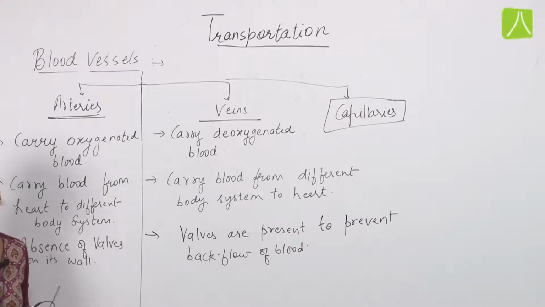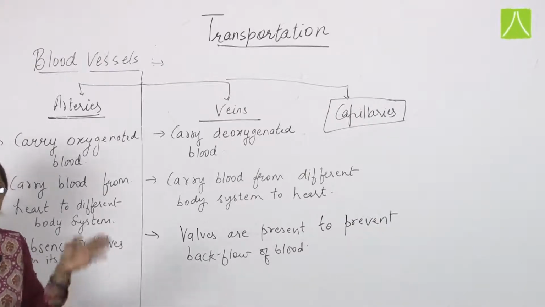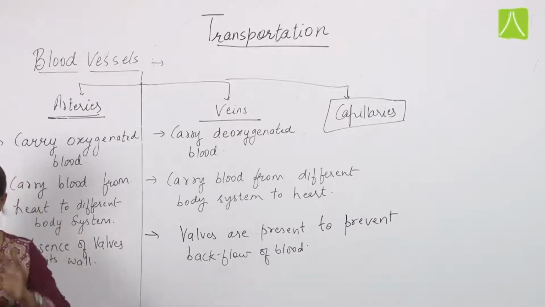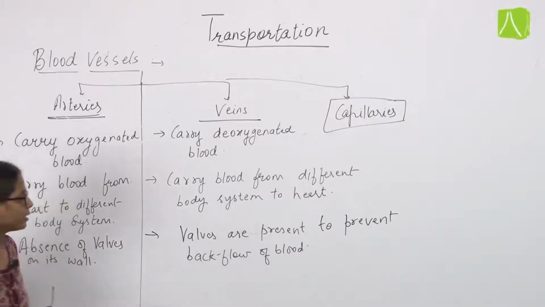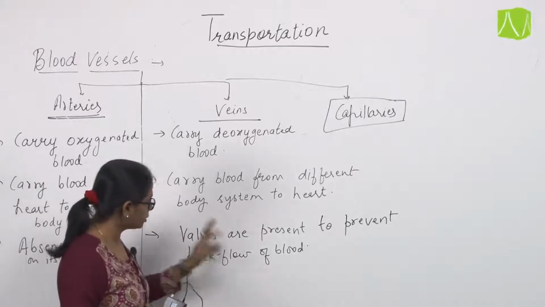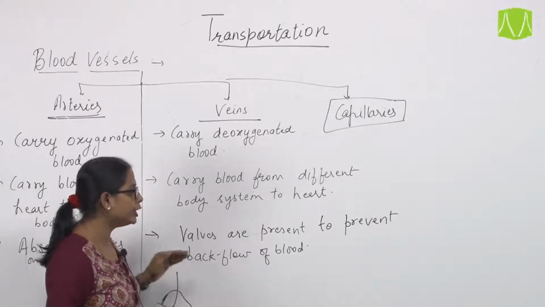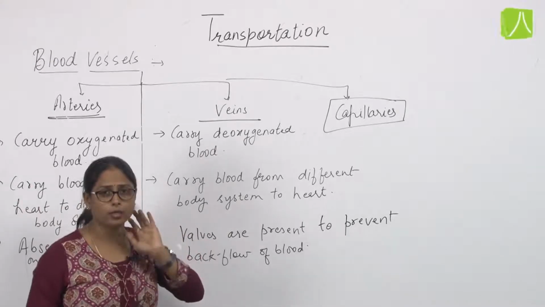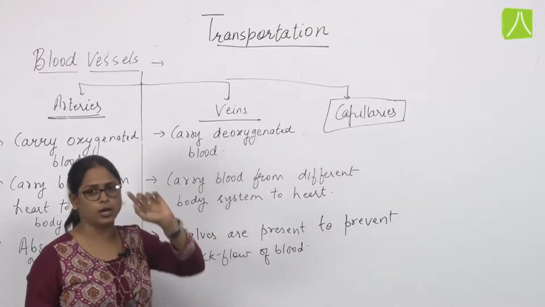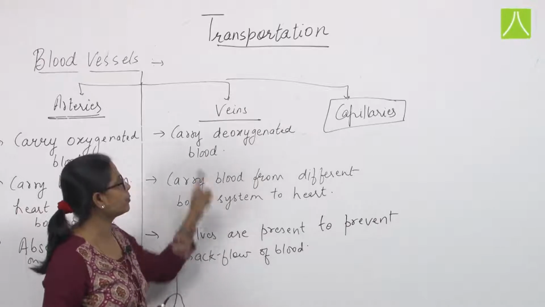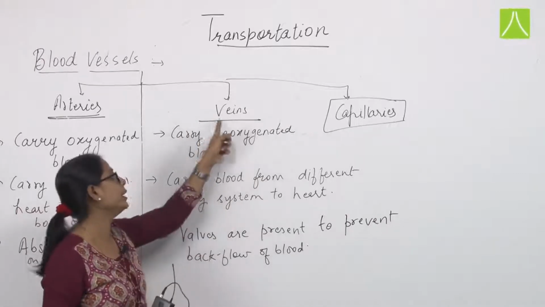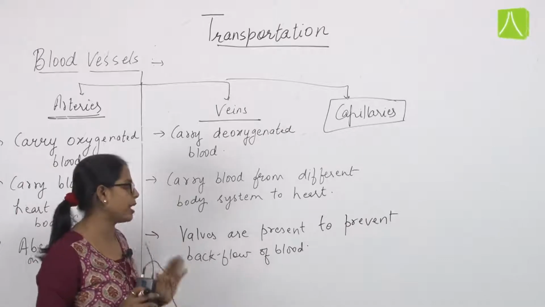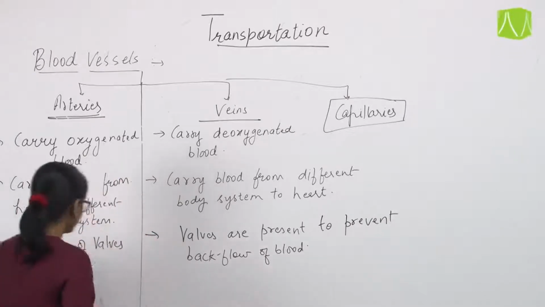If the deoxygenated blood gets mixed up again with the previous organs from where it has already been released, that is very wrong, because this is deoxygenated blood which needs to move forward and be transferred back to the heart, for its oxygenation in the lungs. Right? That is why the valves are present on the wall of V for veins. V for valves are present over its wall to prevent the backflow of deoxygenated blood.